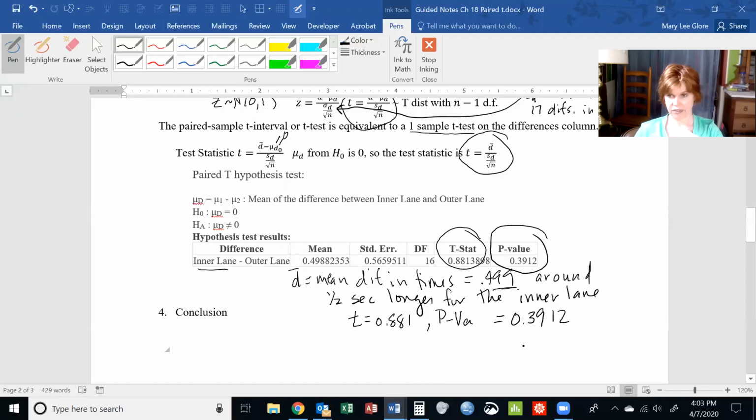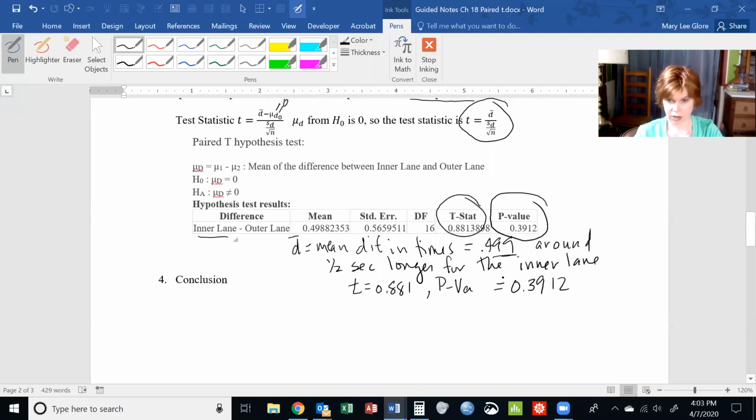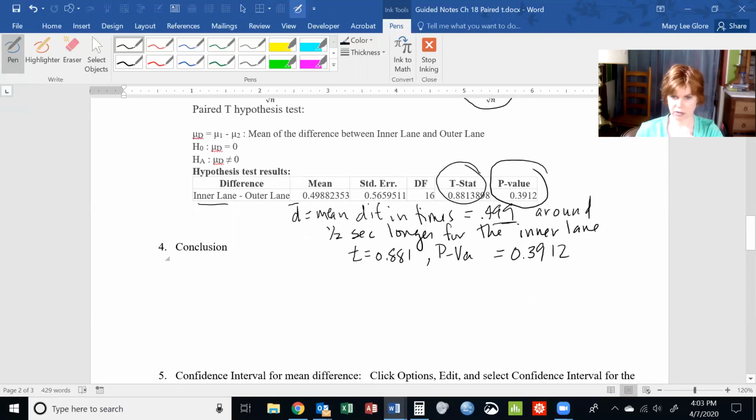Is that a big deal? No. How we ask if it's a big deal is we ask if the p-value is less than 0.05. Is this less than 0.05? No, it is not. So I'm going to have 3 no's. It's not a big deal. It's not significant. So I'm going to fail to reject the null.